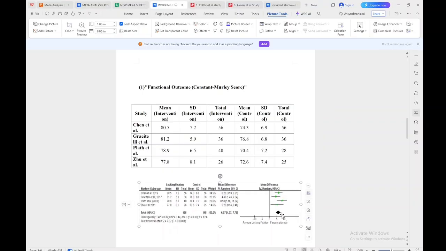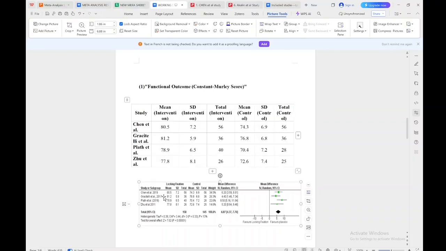Now, because this is greater than 1, I'm going to explain the forest plot right now. When you look at this forest plot, you see that we've got the confidence interval, and the mean difference is quite greater than 1.